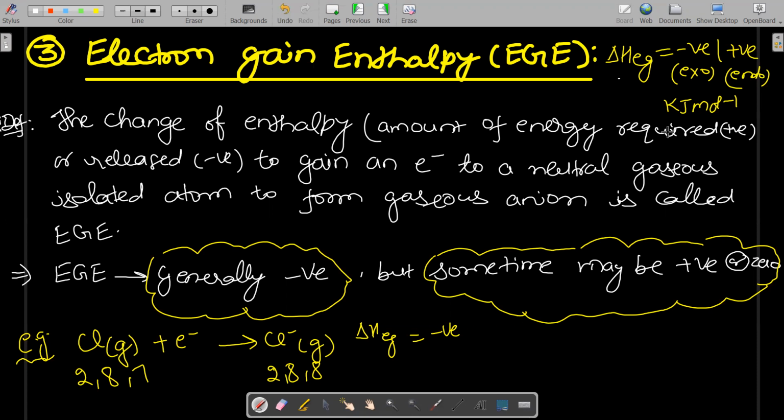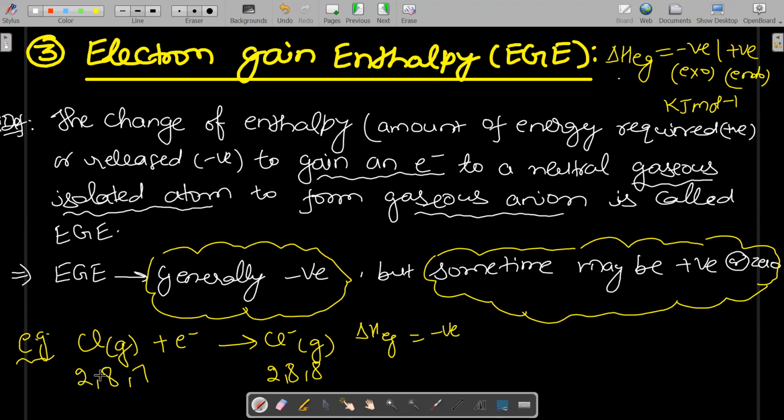So the amount of energy required or released to gain an electron to a neutral gaseous isolated atom. In this case also, we need a gaseous isolated atom, to form a gaseous anion is called electron gain enthalpy.